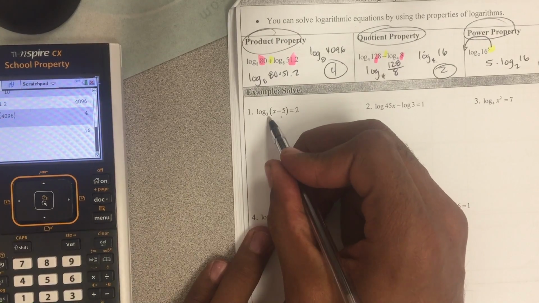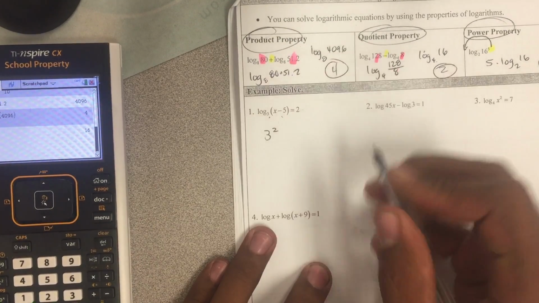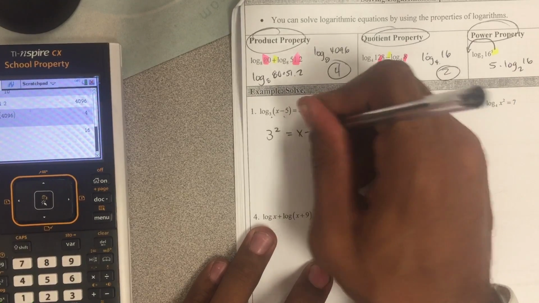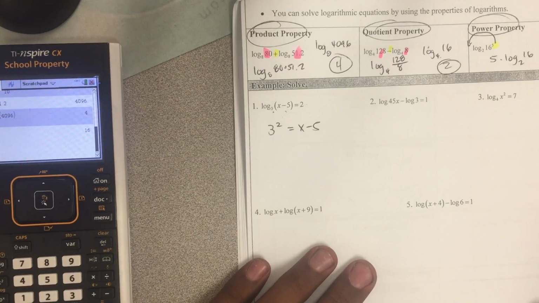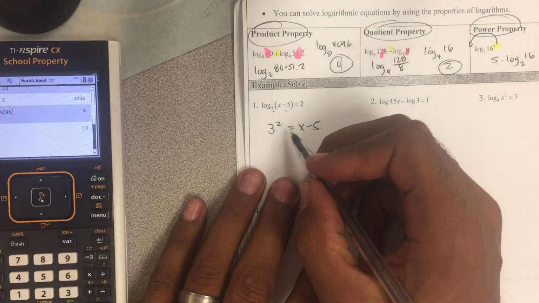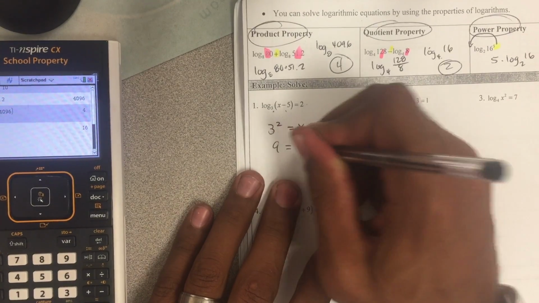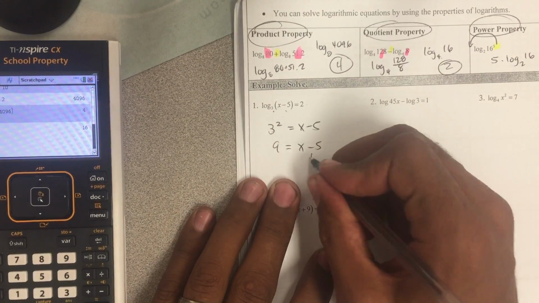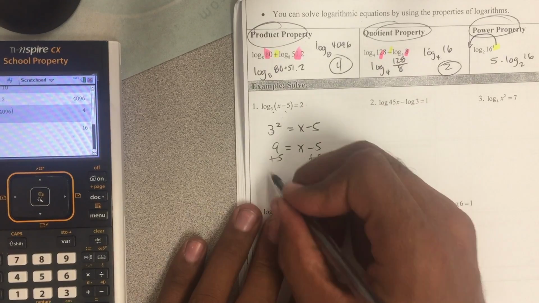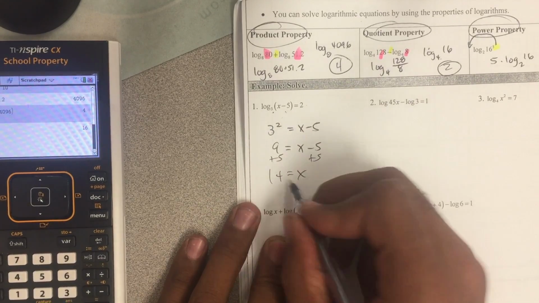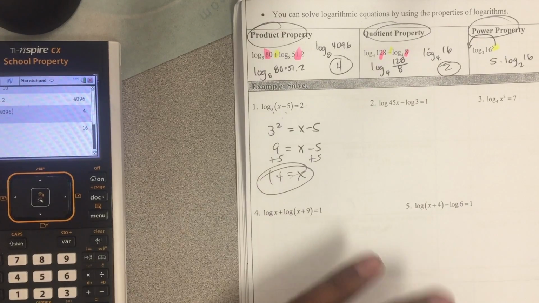So I know that 3 to the 2 will be equal to x minus 5. And then it's a simple linear equation. 3 squared is 9. Add 5 to both sides. x equals 14. Okay. Did you get the idea?